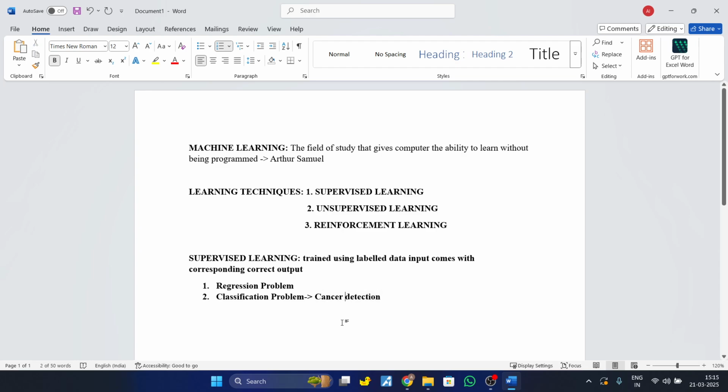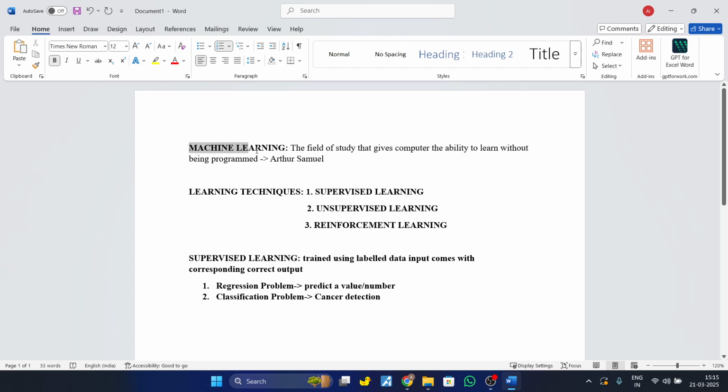And in a regression problem, we are going to try to predict a value or a number. That is what we do in a regression problem, and this is what we do in a classification problem.